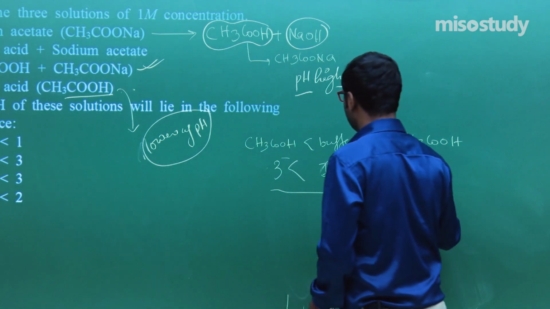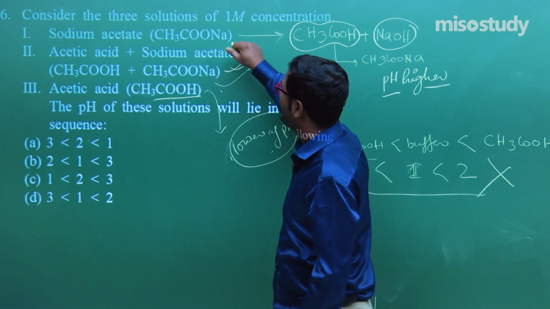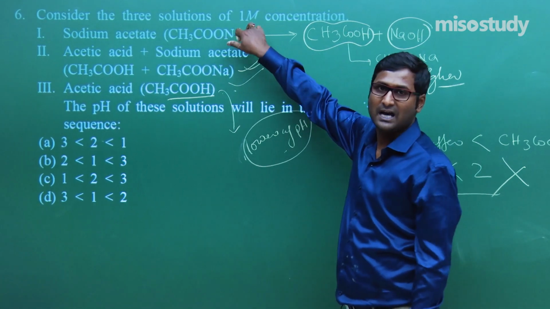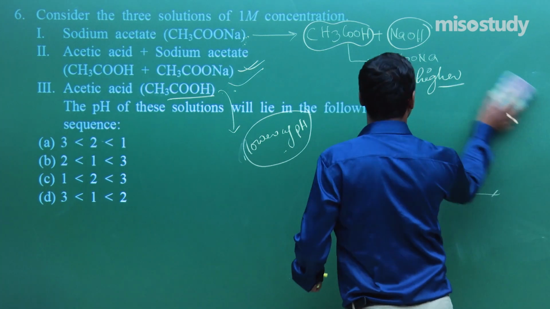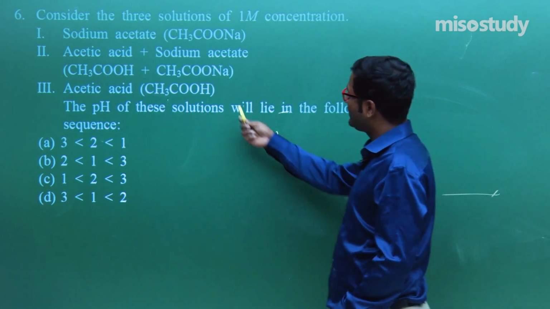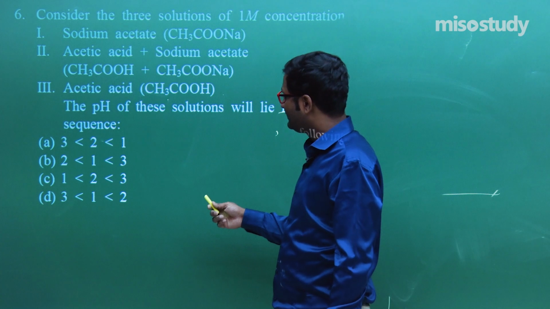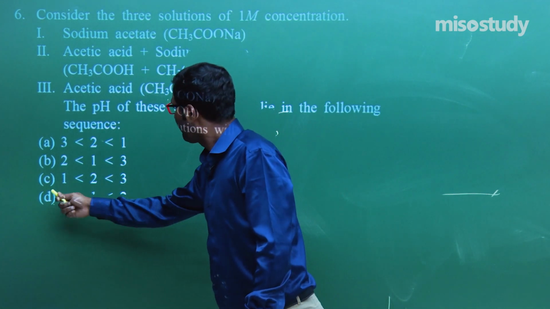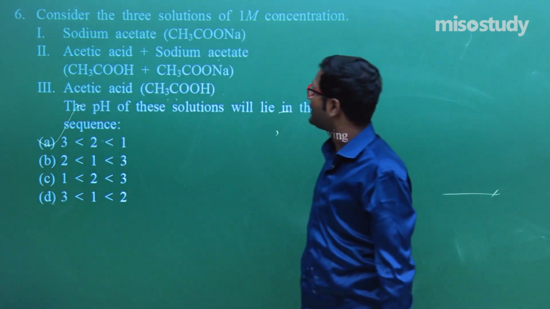Sorry, you are wrong. This is third one first, then there comes second one, and finally first, which has the high value of pH. So this one has a low value of pH near about 7, and then 3, then 2, then 1. This is the correct option.